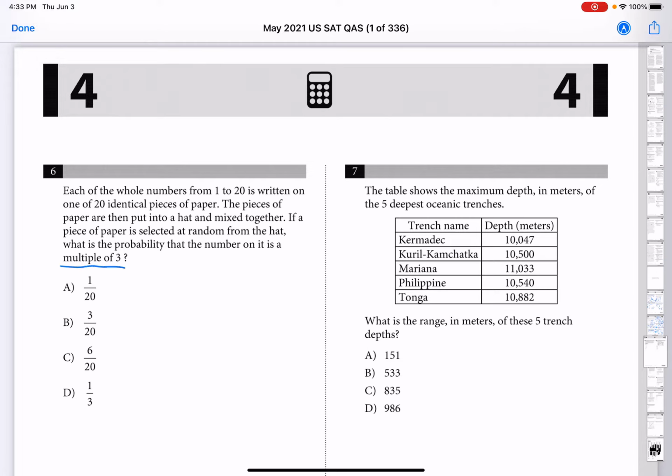Okay, so the multiples of 3 in 1 to 20: that's going to be 6 numbers, because the highest number you can get to is 18. So 6 out of the 20 numbers is going to be answer choice C for number 6.